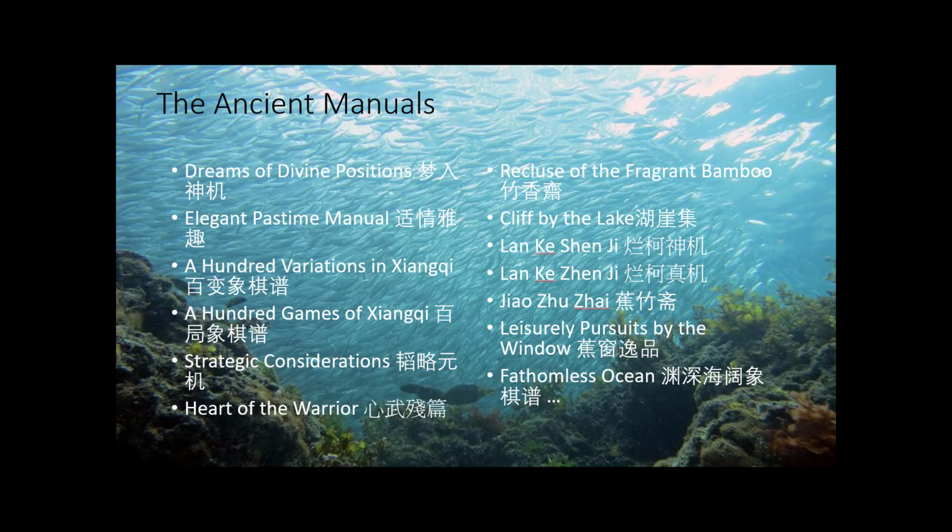I cannot seem to find the relevant information in the article or in the books. So these are some of the endgame compositions that were found in the ancient times. Perhaps the oldest one would be the Dreams of Divine Positions, and I've translated the first two. And I will try my best to do more to promote this discipline of Xiangqi.